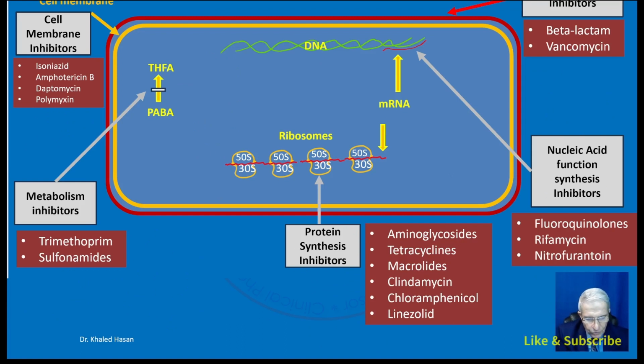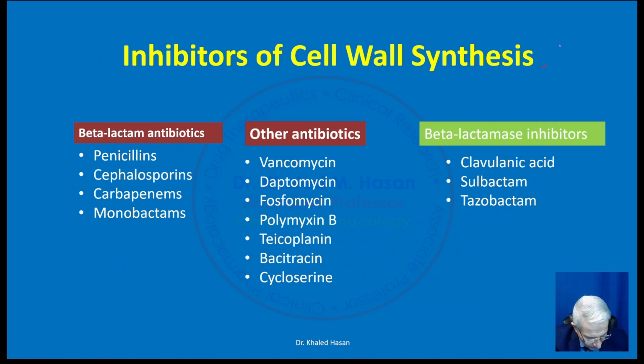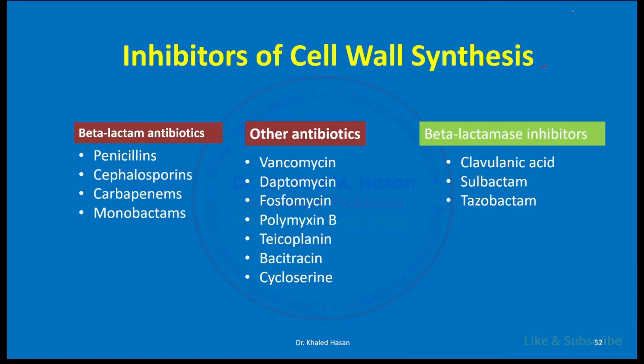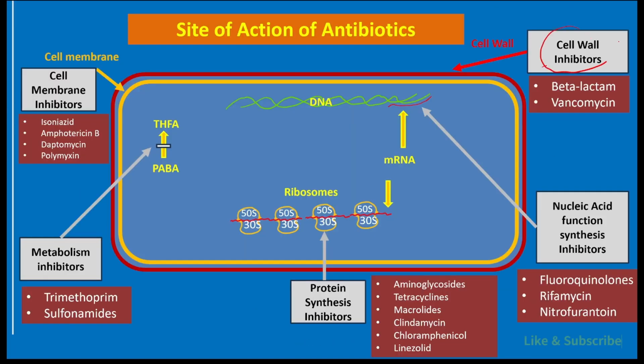Okay, looking at this slide, this image, you can see the placement of the antibacterials. If you start with the cell wall inhibitors here, we have the beta-lactams. For the medication that works on the cell wall, we have a group of medication called beta-lactams.